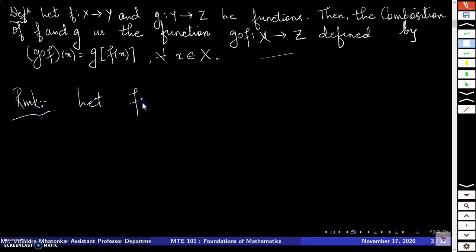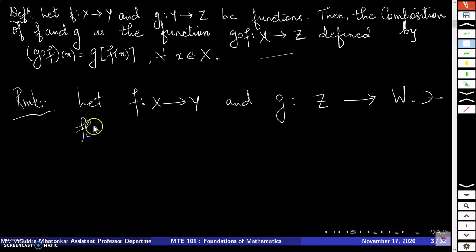If f is a map from X to Y and g is a map from Z to W, such that the range of f is contained in the set Z, that is the domain of the function g, then g composite f is well defined.